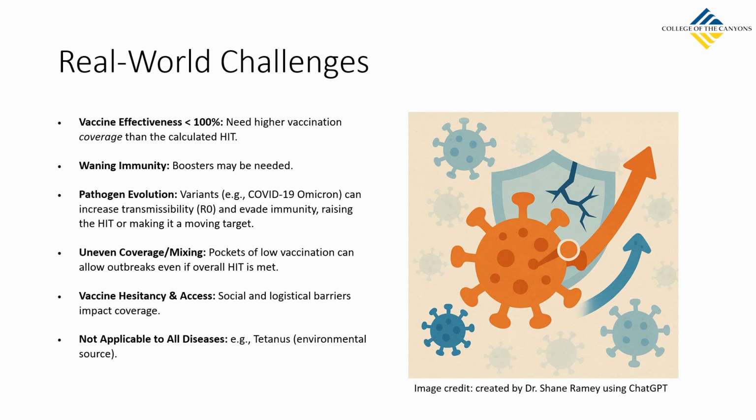And of course, we have an increase in vaccine hesitancy, and we have some challenges with access, which are probably going to get worse as well. And not all of these are applicable to all diseases, and there are different sources for some of these pathogens that present some unique challenges.